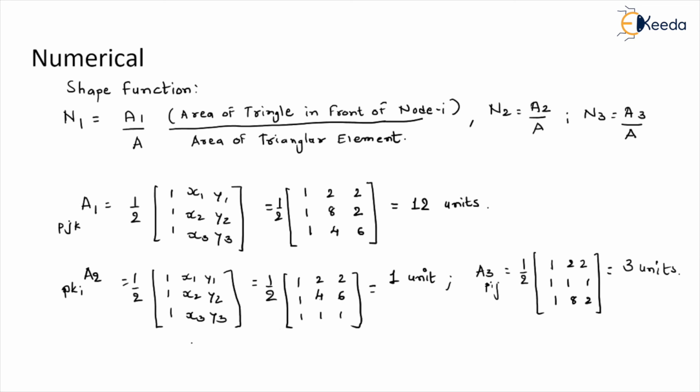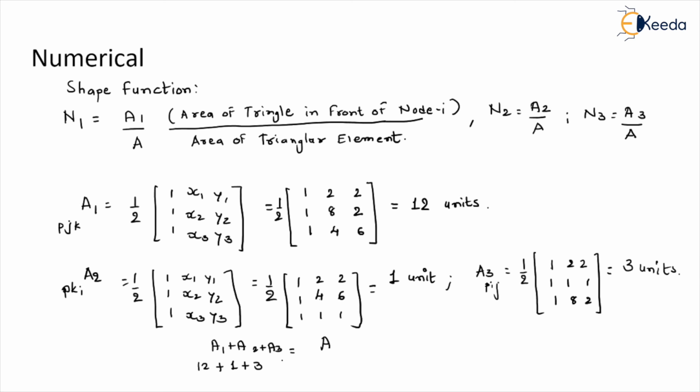So if we add these units, A1 plus A2 plus A3, A1 is 12 units plus 1 unit plus 3 units.